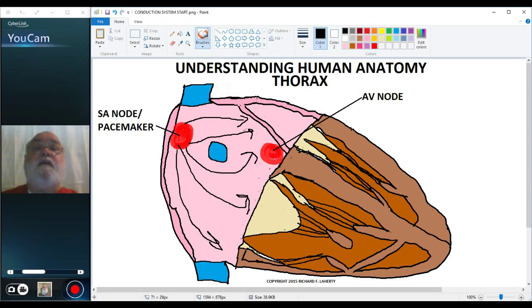What will happen is that the AV node connects to modified cardiac muscle called the interventricular bundle. Okay, this is the interventricular bundle.